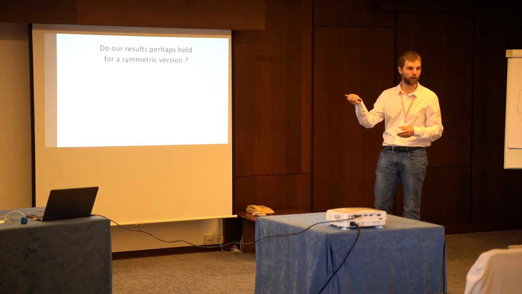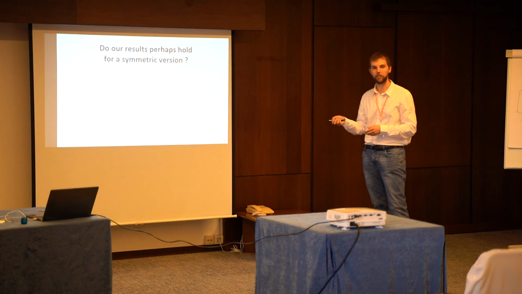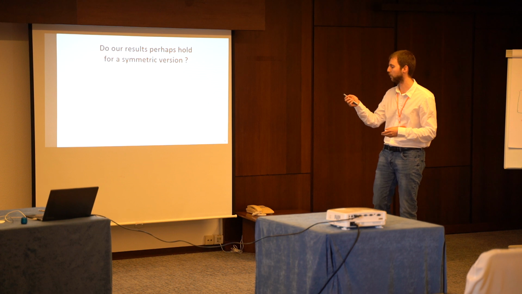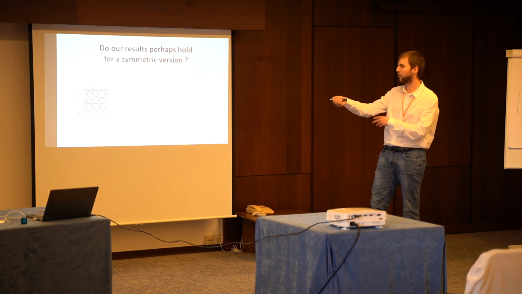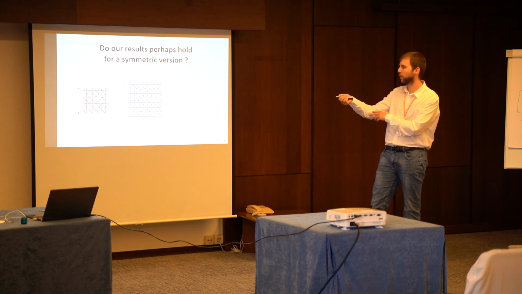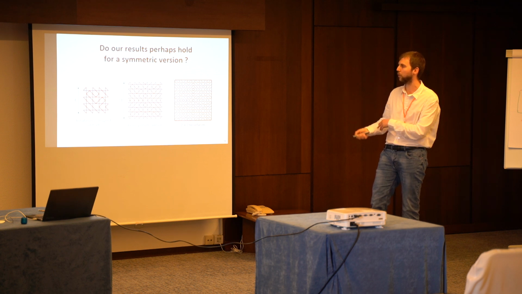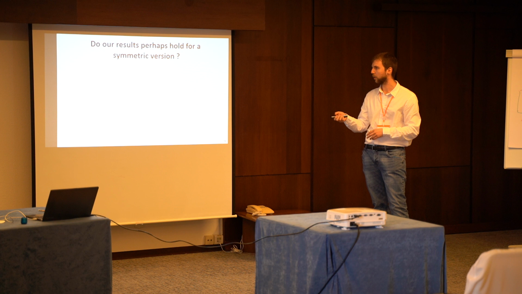So we ask ourselves if our results might be better for a symmetric version. We took the initial unit cell and created the symmetric version just by reflecting the unit cell along the vertical and horizontal axes. Then we tessellate a 2x2 tessellation, considering a frame around it to have a finite size structure.